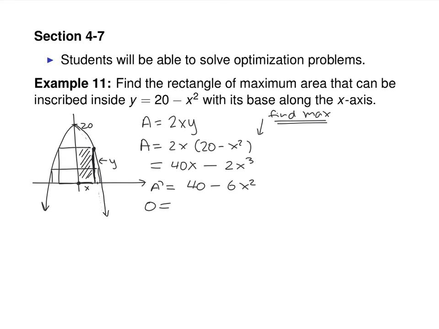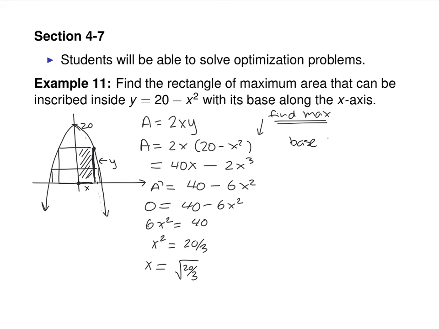Set it equal to 0. So 6x squared equals 40. X squared is 20/3. So it looks like x equals root 20/3. Okay.